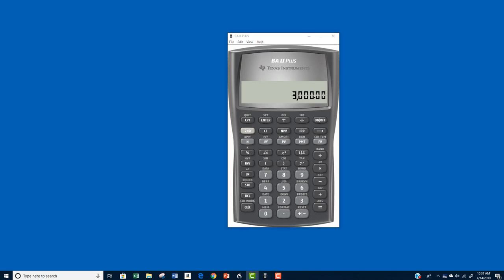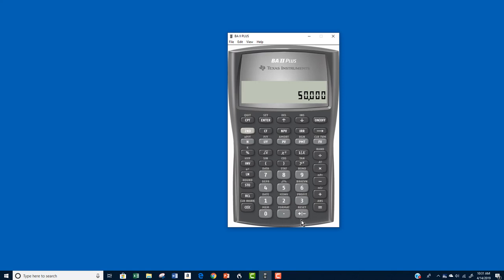It's always wise to end the calculation by hitting second, quit, and then second, clear work. You should notice that on the last row to the far right side, there's a +/- key, which is used to change the sign for the number that you are entering, to change a number like 50,000 to a negative.